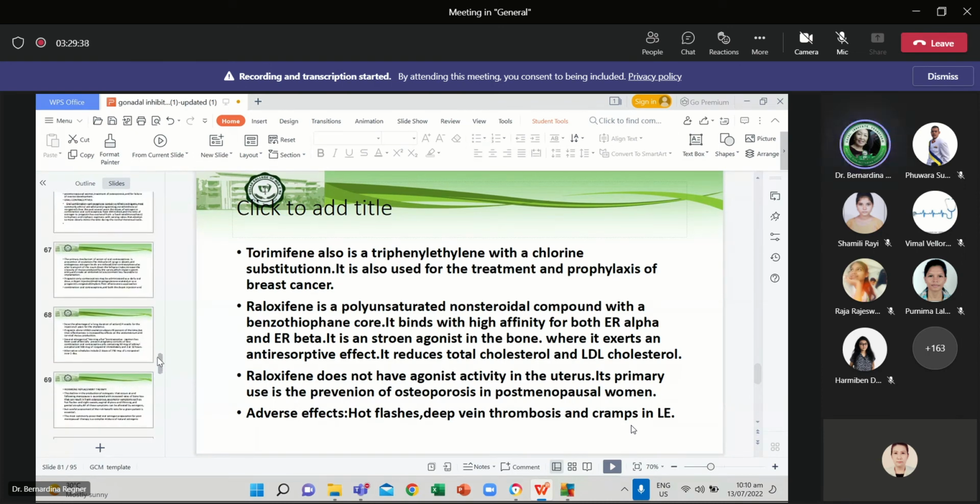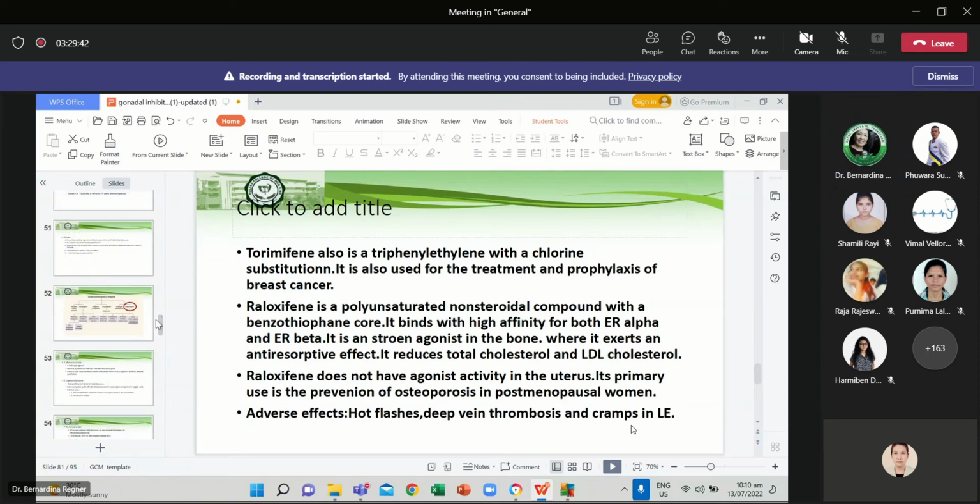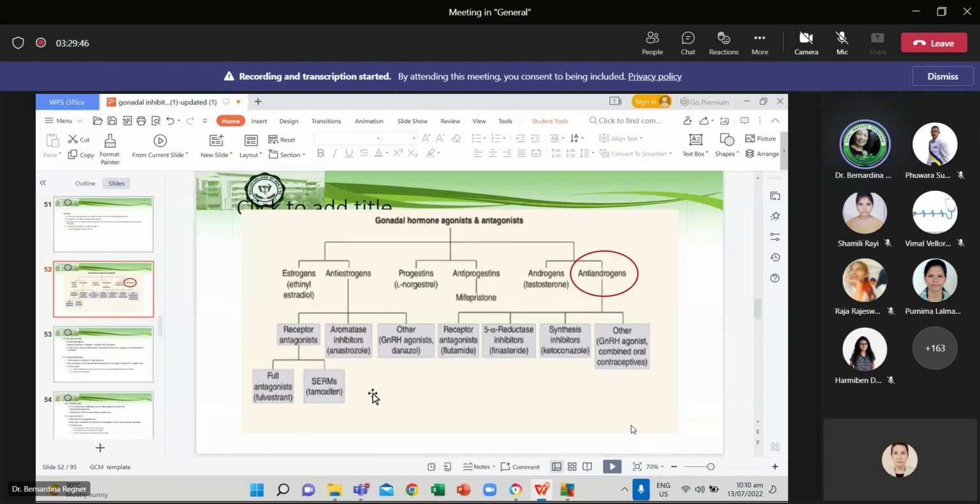That is why I ask you to remember. Where is tamoxifen in that one? It serves always, but under what group of agonist and antagonist? Estrogen box. There are some who answered androgens. There are some who answered progesterone.